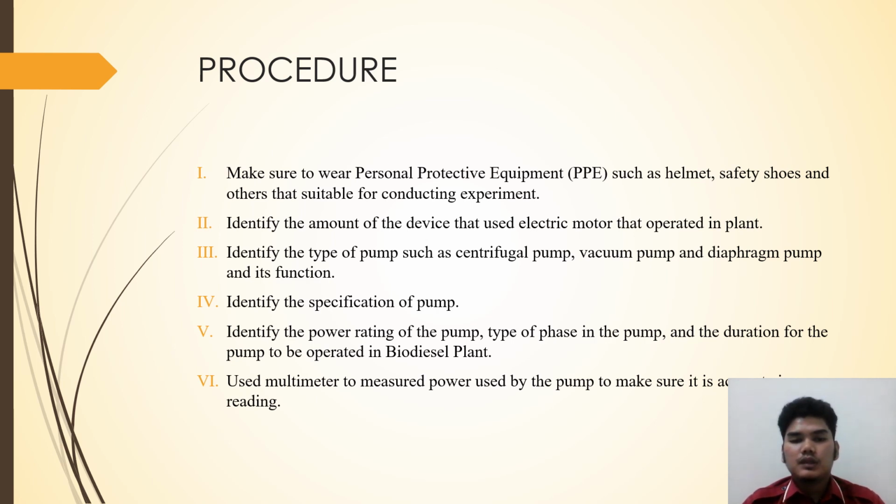Identify the specification of the pump, the power rating of the pump, the type of phase in the pump, and the duration for the pump to be operated in the biodiesel plant. And the last one is to use a multimeter to measure the power used by the pump to make sure the reading is accurate.